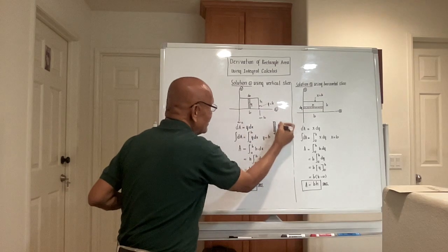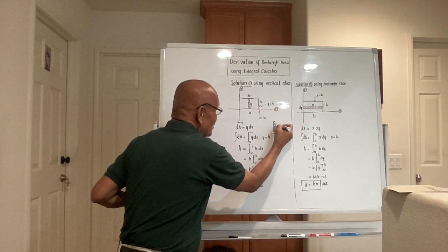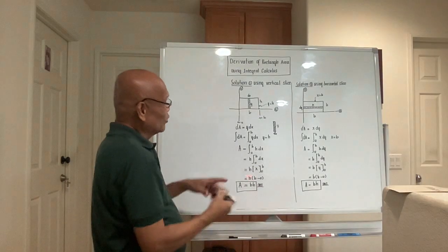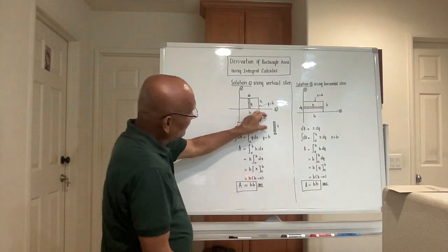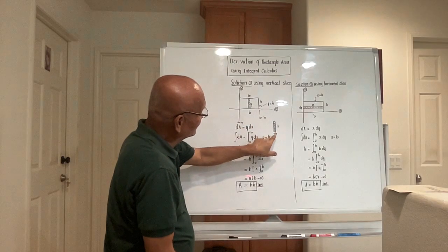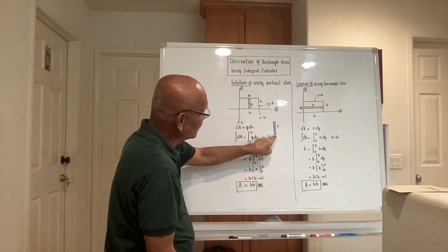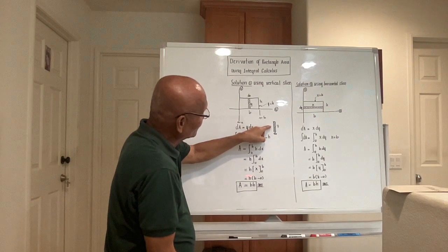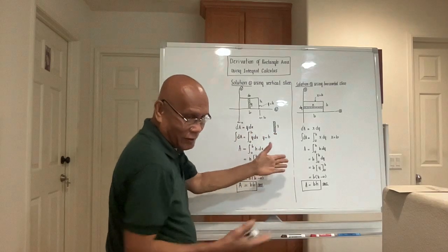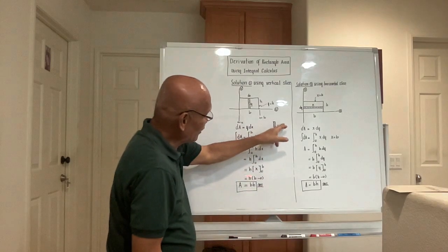And this height here is y. You got it? So for this vertical slice, the height is y, and the thickness at the bottom is dx. If we compute the area of the vertical slice, for a rectangle, it should be the product of y times dx.